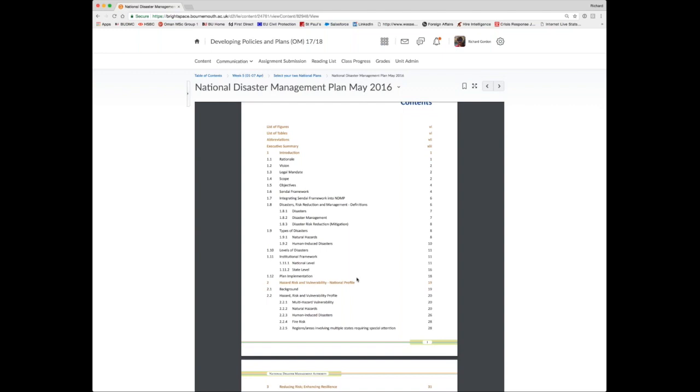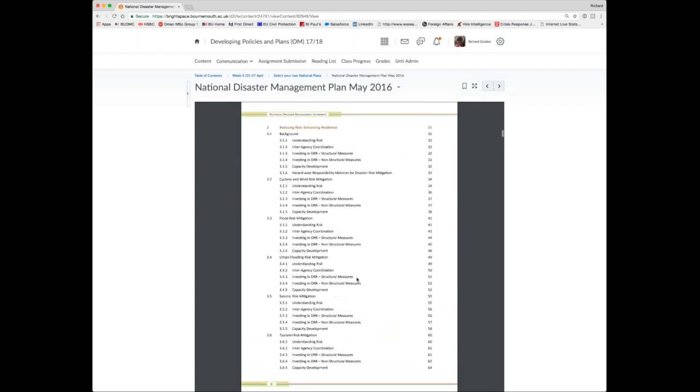So here is a way of understanding how the plan is situated. It's a good thing, but it also illustrates the impact of Sendai and of disaster risk reduction.